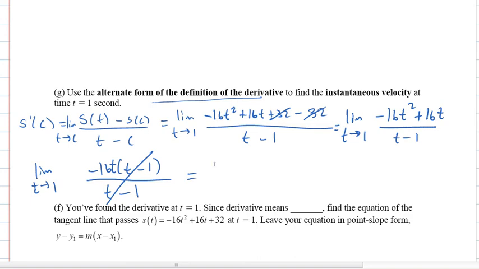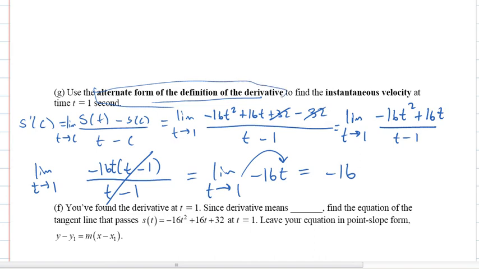Those cancel. Now I have the limit as t approaches 1 of negative 16t. I can apply the limit here, and it's negative 16. So that actually required a lot less work. Now, the only thing is that this alternate form sometimes may not be the best approach. So you would have to revert back to the regular definition.